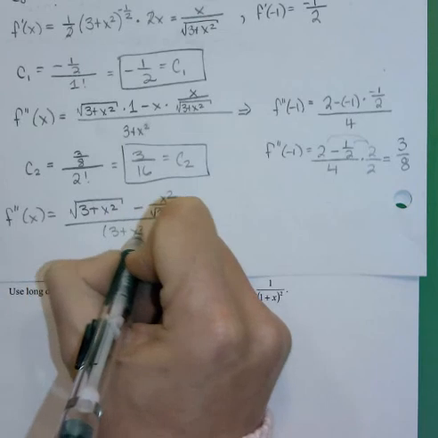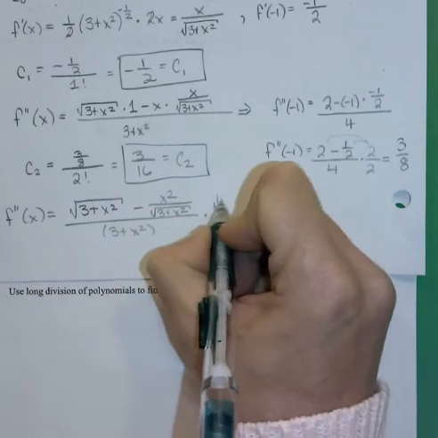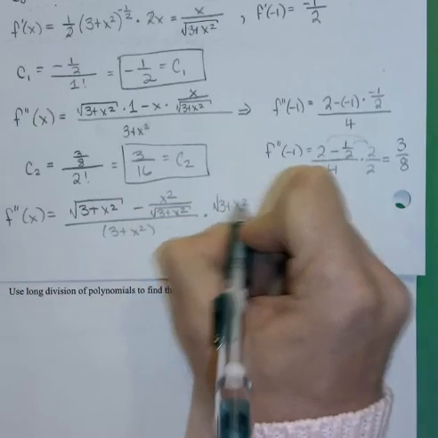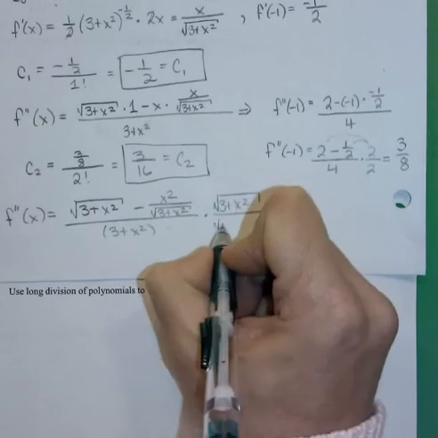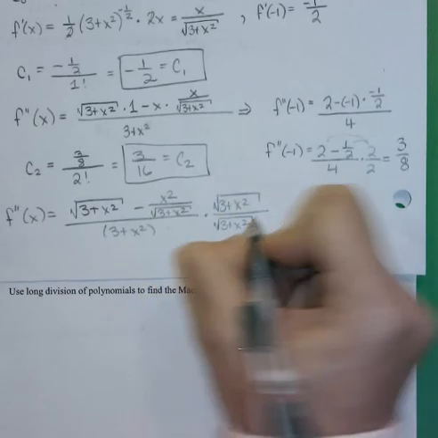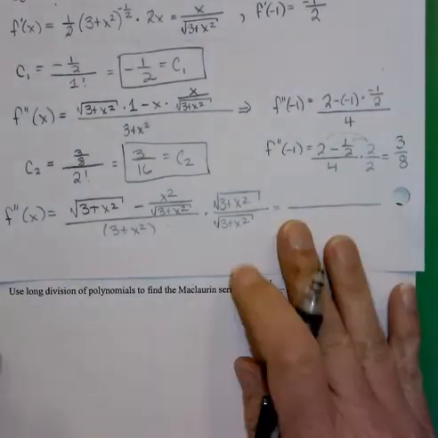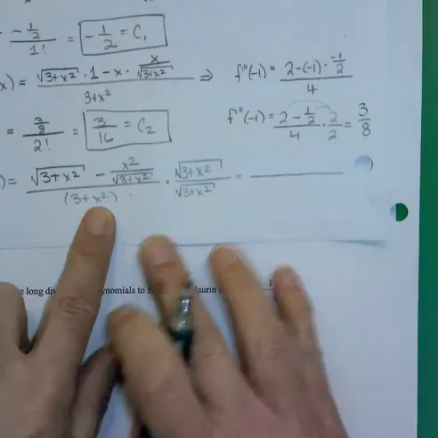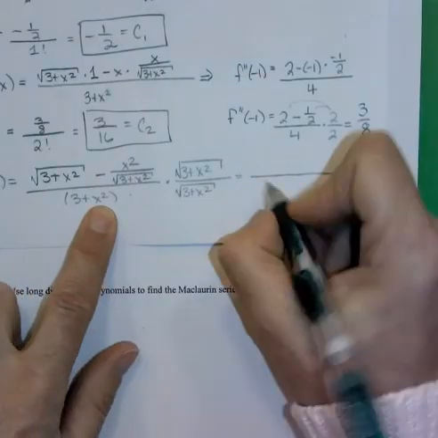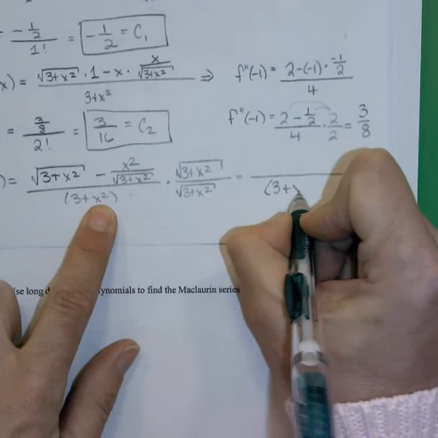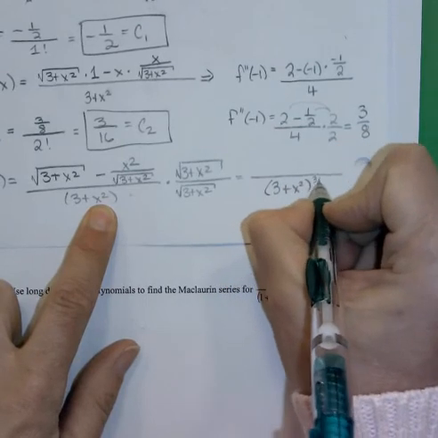And I'm going to multiply top and bottom by the square root of 3 plus x squared. So it's going to make the numerator look nicer. And the denominator, if we have it to the first power times the square root, I can just write that as 3 plus x squared to the 3/2.